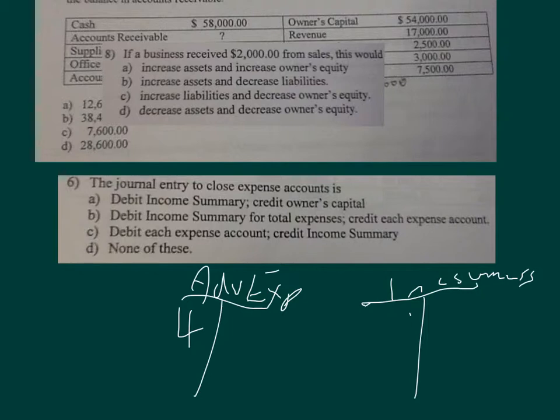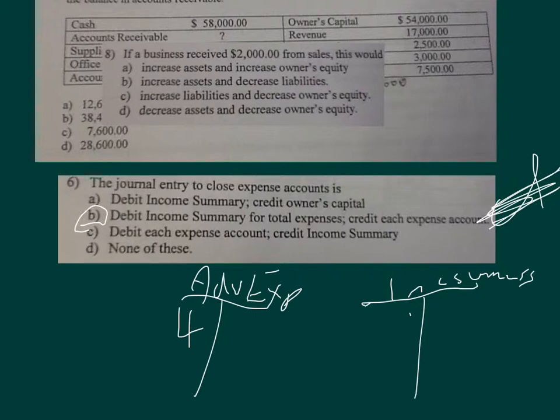C. Debit each expense account, credit income summary. And D, none of these. And I apparently said D, which is wrong. I don't know why I said D. But it is, in fact, B.